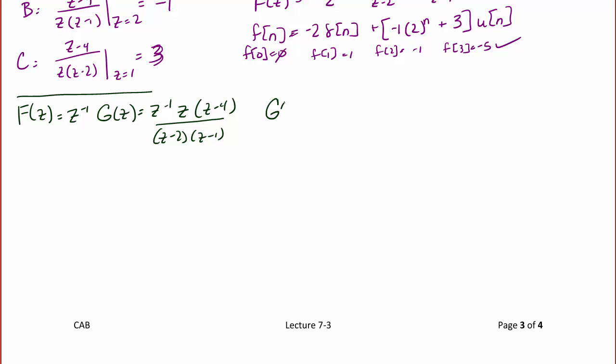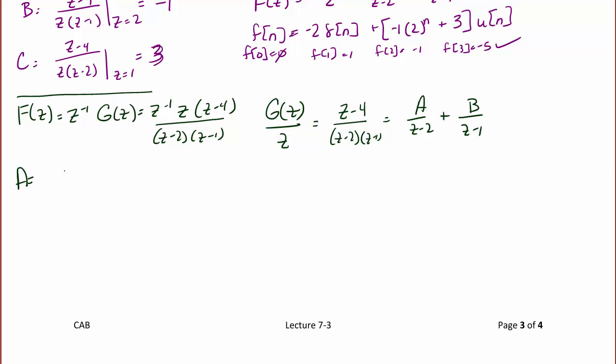So g of z over z is equal to z minus 4 over z minus 2 times z minus 1, which equals a over z minus 2 plus b over z minus 1. So when we solve, a is equal to z minus 4 over z minus 1, evaluated at z equal 2. So a is equal to negative 2.